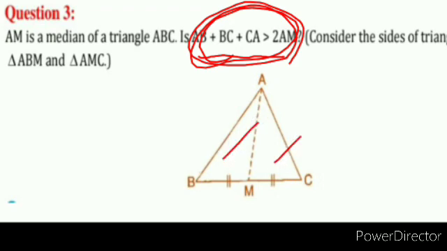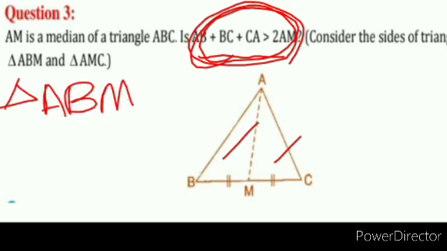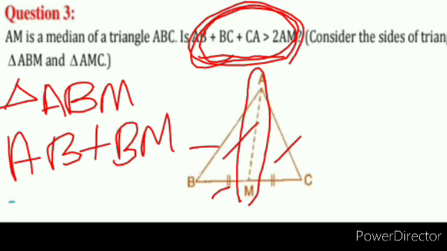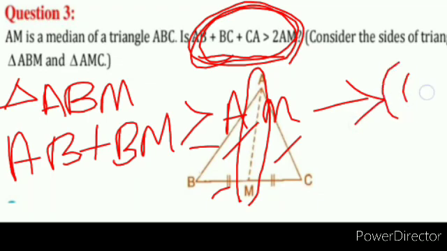First, in triangle ABM, in which AM is the longest side, we will add the remaining two sides, that is AB plus BM. The sum of these two is greater than AM. Keep this as 1.